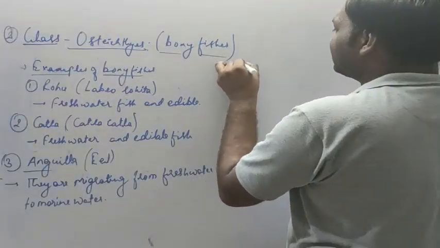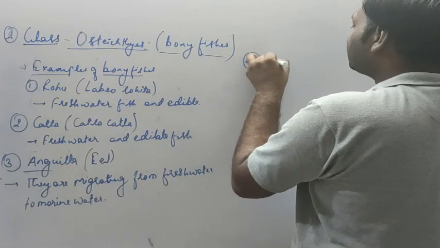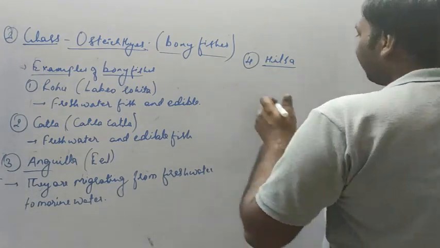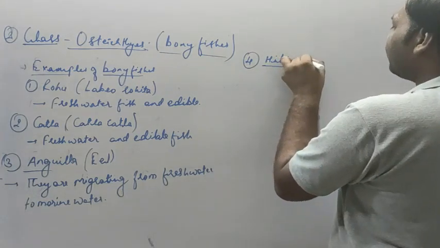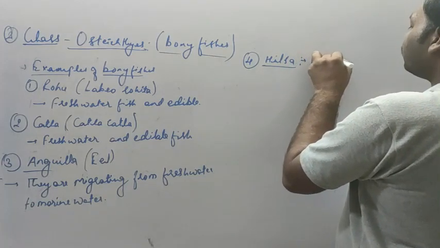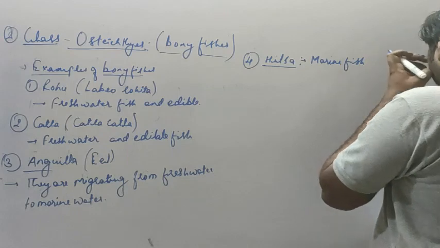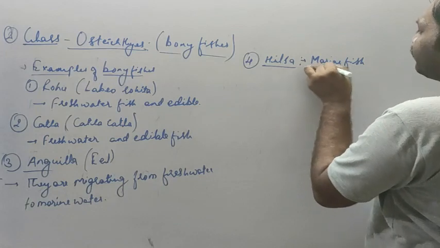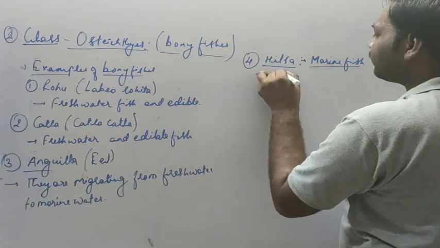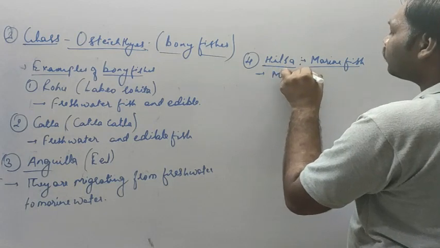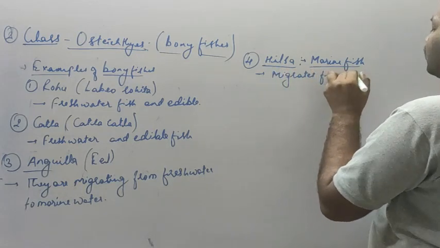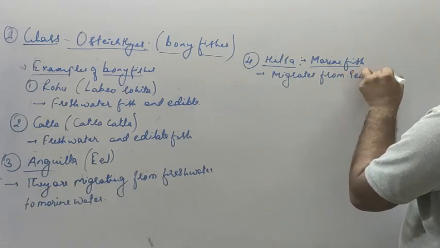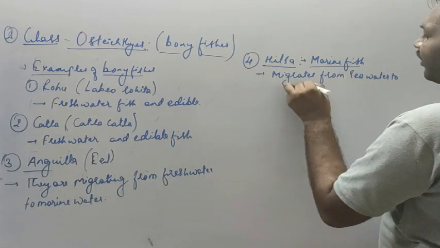Hilsa is a marine fish, and it also shows migration. It migrates from sea water to fresh water.